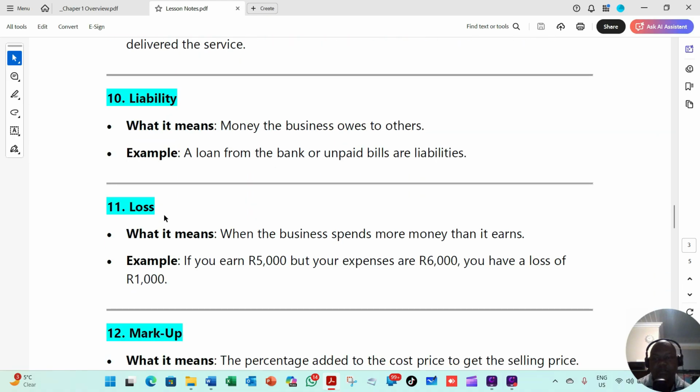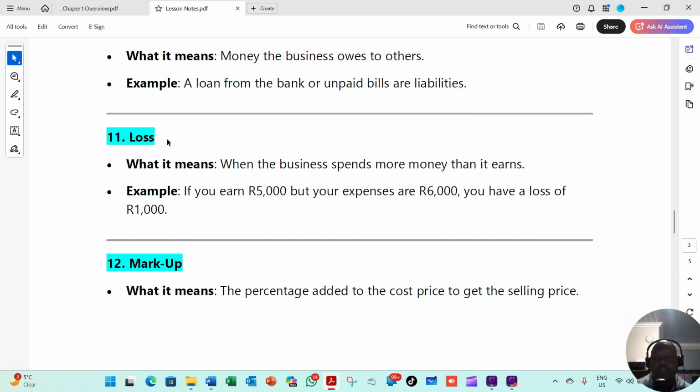And then a loss. A loss is a general term, which means that anything that you lose is actually an expense. When a business spends more money than it earns. This one refers to a loss that you make when trading.